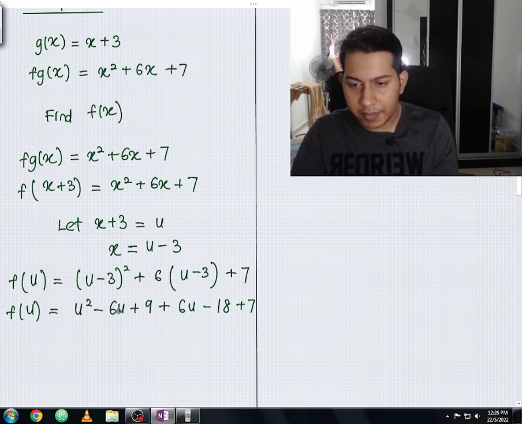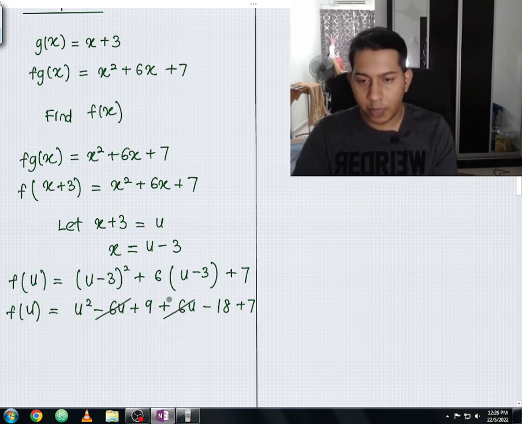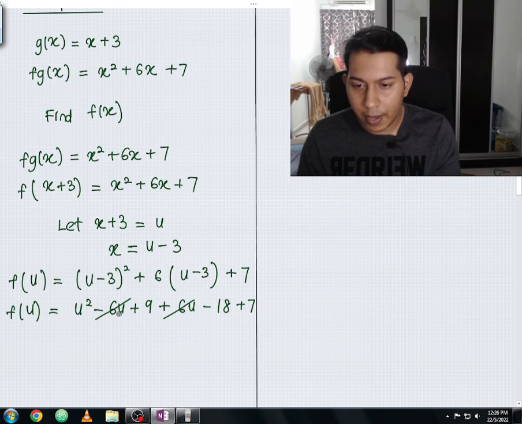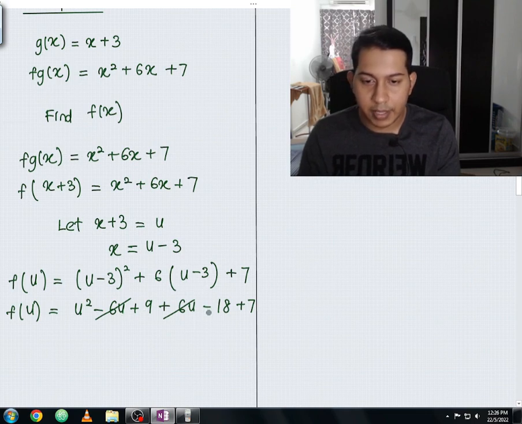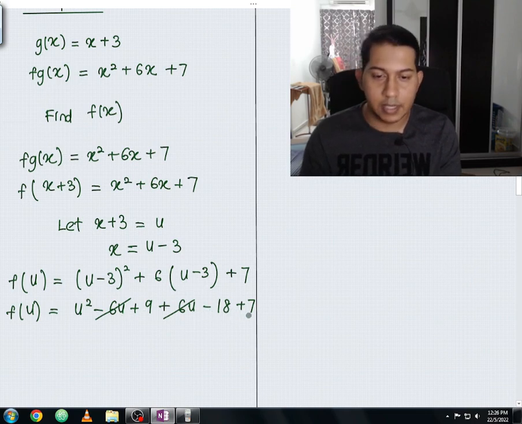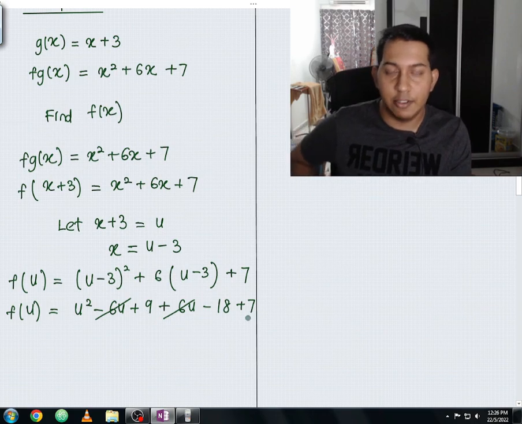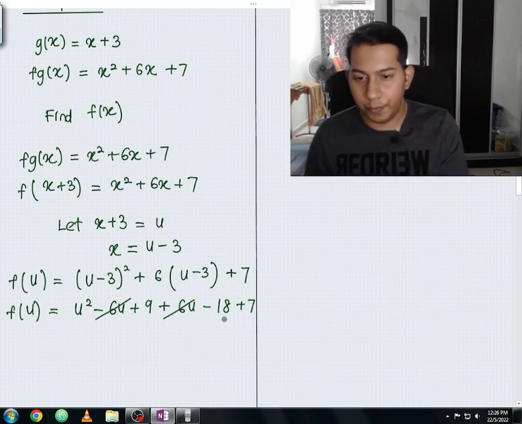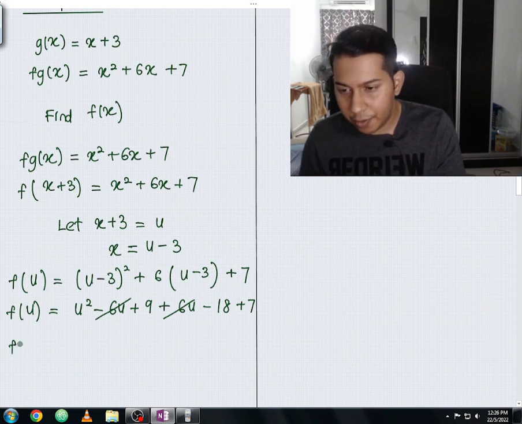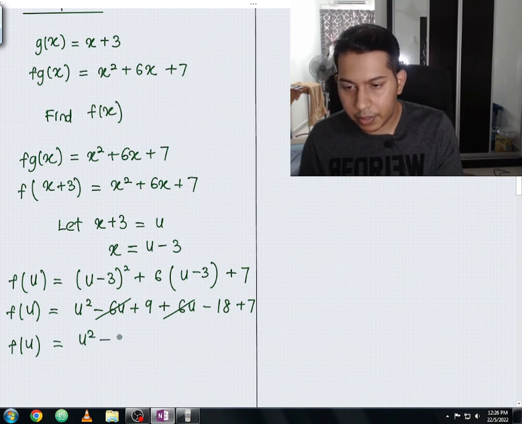From here, negative 6u and positive 6u you can cancel off, so it becomes 0. You are only left with u squared plus 9 minus 18 plus 7. 9 plus 7 you get 16, and 16 minus 18 you get negative 2. So you get f(u) is equal to u squared minus 2.